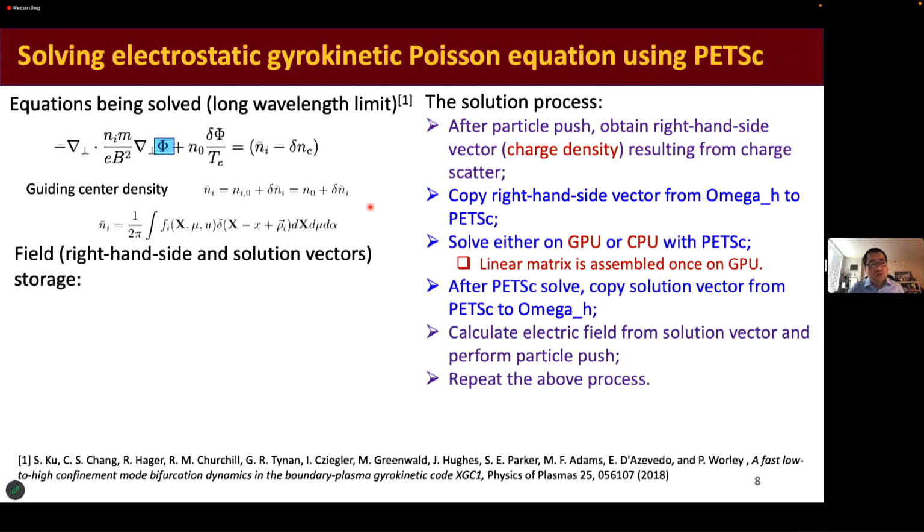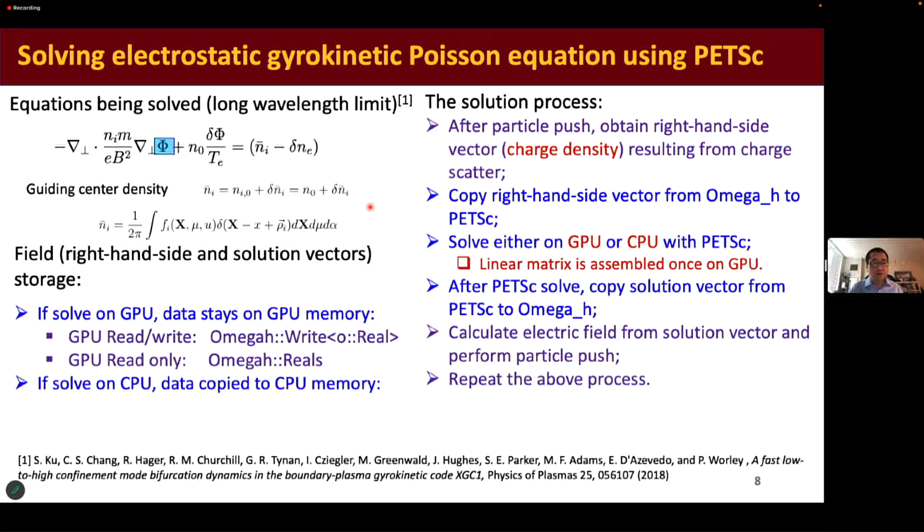In terms of the fields, the right-hand side and the solution vector: if we are solving on GPU, the data stays on GPU memory using Omega_h data structures, with different data types depending on whether the memory access is read or write.